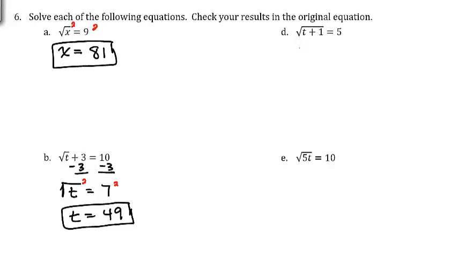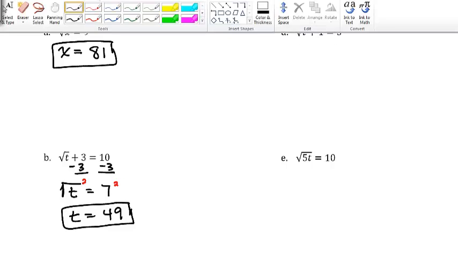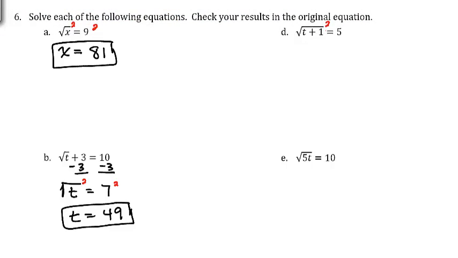In example D, we have the square root of t plus 1 equals 5. Now we do have this square root by itself already, so we can just go ahead and square both sides right away, because this 1 is underneath the square root. The 3 was not. That's why we had to subtract the 3 first. But since this plus 1 is underneath the square root, we're going to square both sides right away.